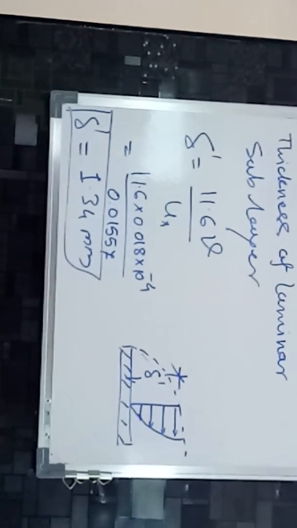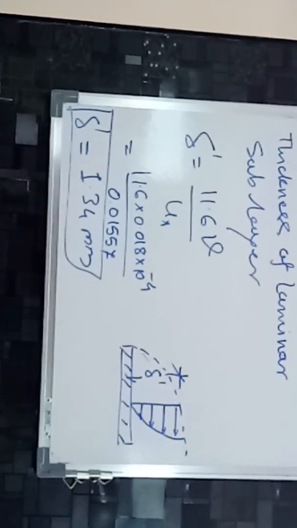Assuming the flow in the pipe to be turbulent, find first the discharge through the pipe, second coefficient of friction, third the height of roughness projection. Okay.